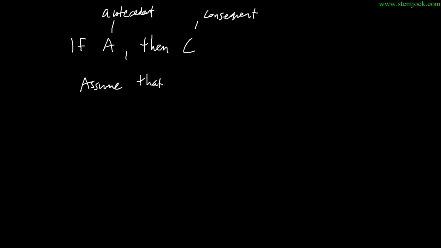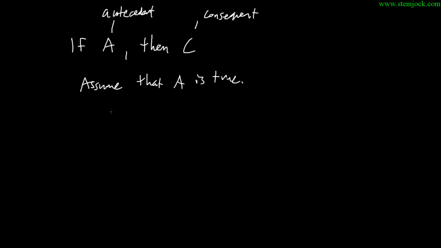So in all of these problems, we're going to be proving an if-then statement. The general form of it is like this: if A, then C. A is called the antecedent, and C is called the consequent. The way we prove an if-then statement is to assume that A is true, and then we have to show step by step logically that C then follows.